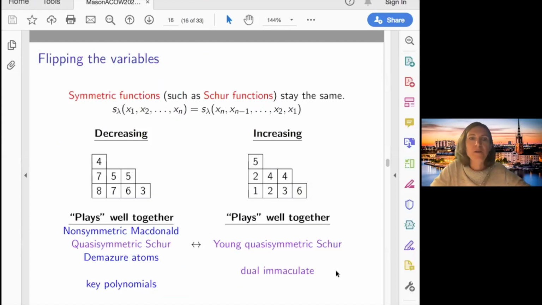When you flip your variables like that in a symmetric function, of course it doesn't change anything, because that's what it means to be symmetric. But as soon as you get into QSym or the polynomial ring, things do change when you do this.